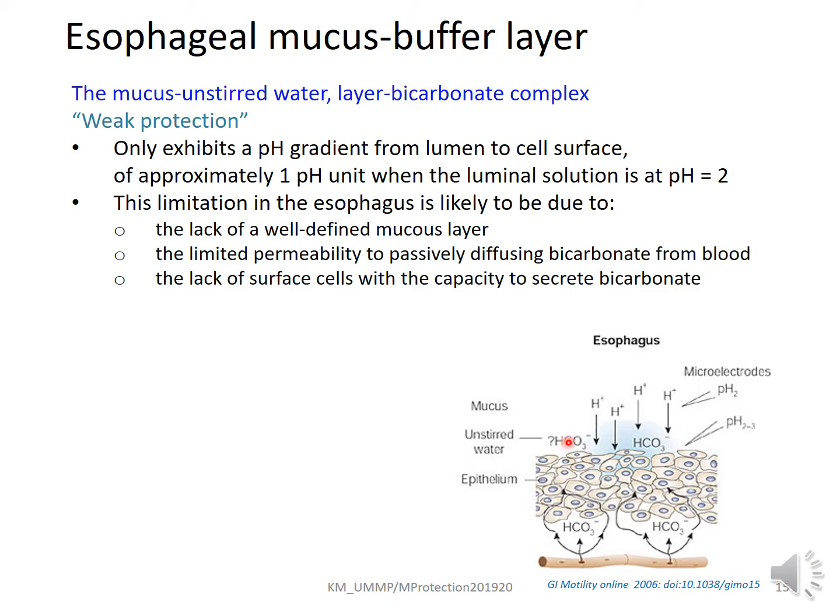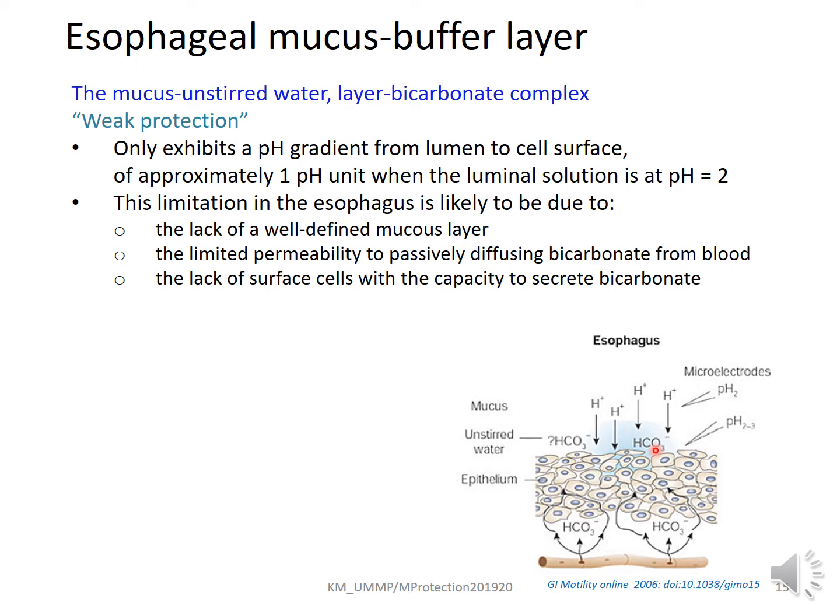This is the esophageal mucus buffer layer. If you look at the pH immediately above the epithelial surface, it is around 2 to 3, whereas in the lumen it is pH 2. This means this barrier can protect against approximately 1 pH unit change only.